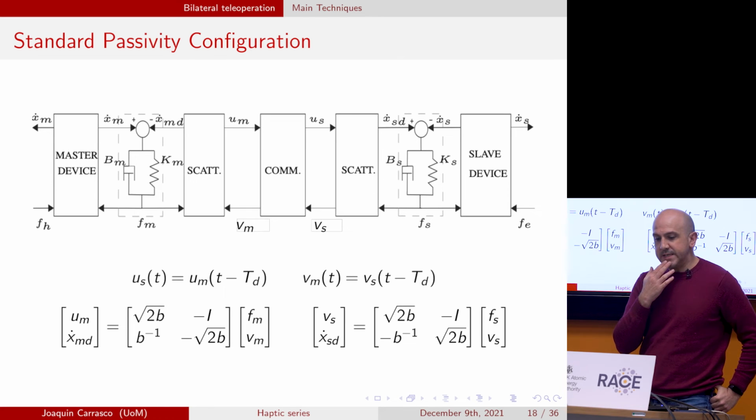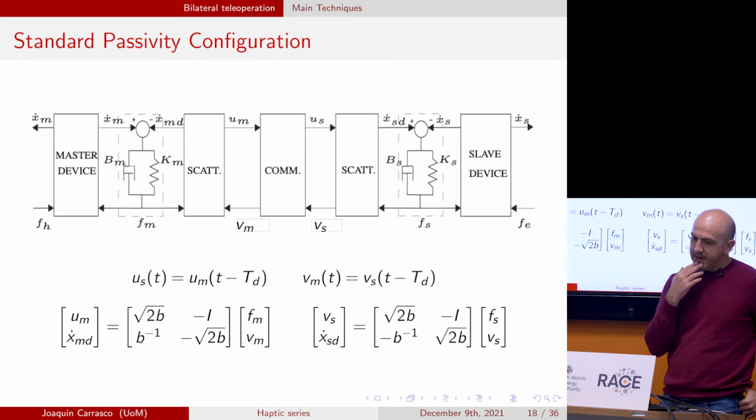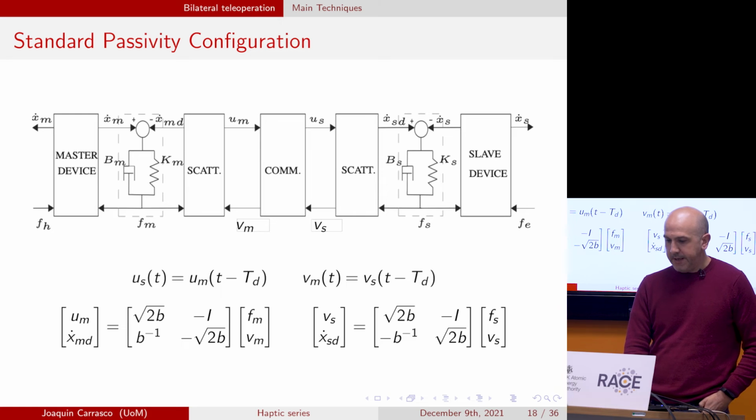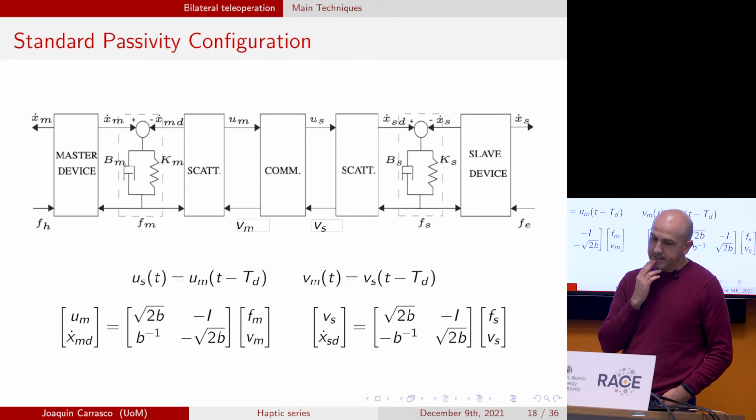Then we will have this scattering transformation that is given by these matrices. In this formulation, this block here, the scattering, has two inputs. The inputs will be the force on the master side and the wave on the master side.